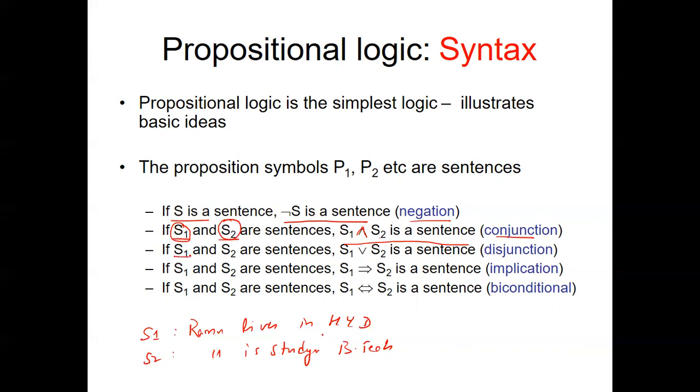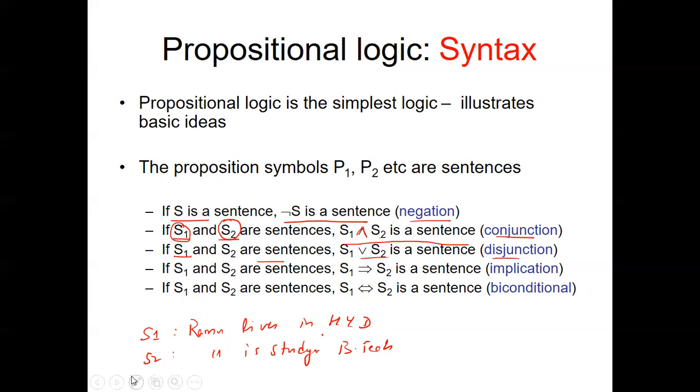If S1 and S2 are sentences, then S1 or S2 is also a sentence. That is called disjunction. In this case, or is not meaningful, but still we can apply or. Let us not think about the logic, but wherever meaningful, you can have or.